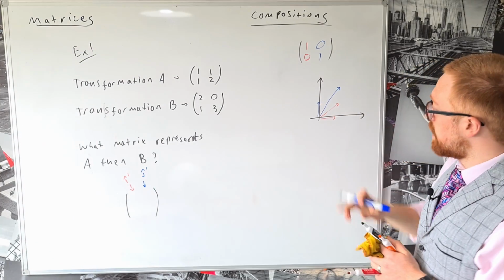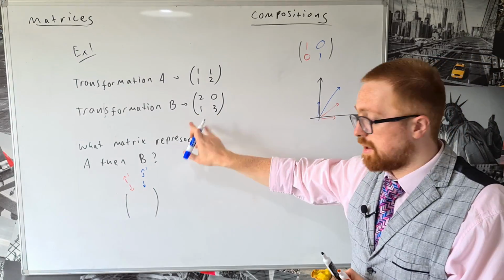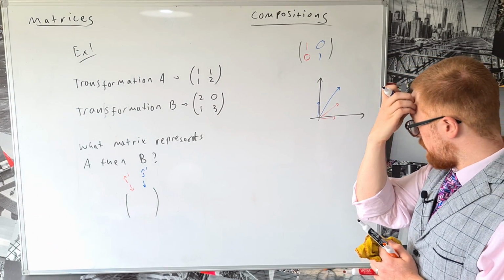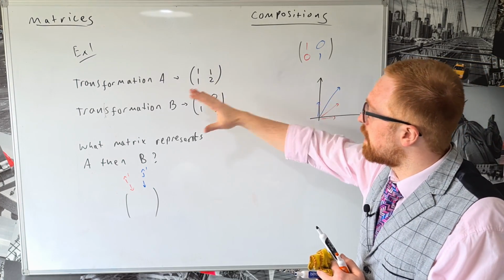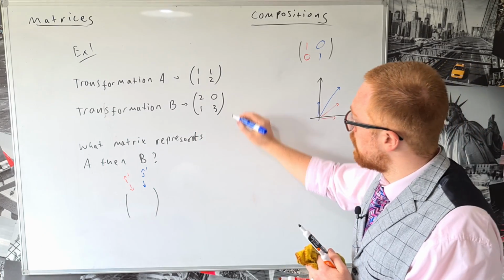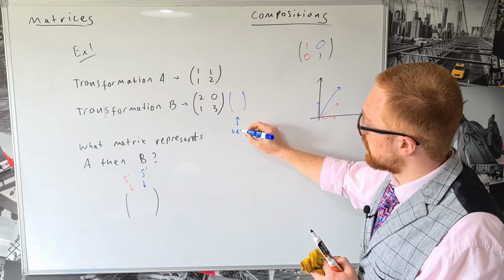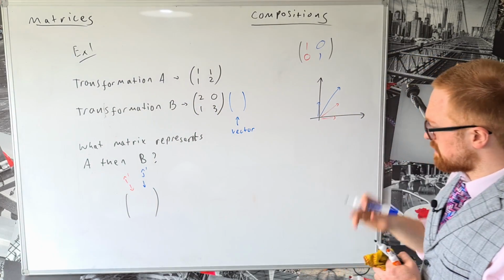Now if we put these two vectors into B, that's going to tell us what our matrix is. Remember, if we're applying a transformation to a vector, the vector always has to be on the right hand side. If it goes on the left hand side, it doesn't make sense.